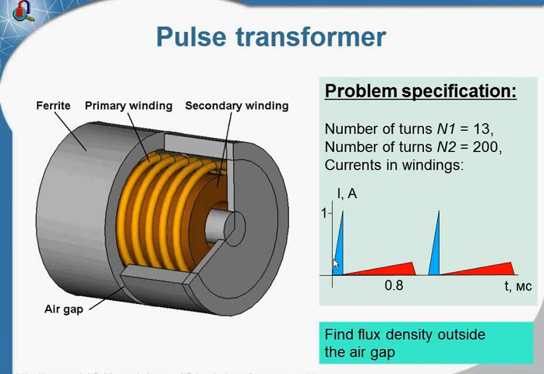The coils carry pulsed current, and the form of the pulses is sawtooth. To reduce the core saturation, there is the air gap. And our task is to calculate the magnetic field value radiated through the air gap.